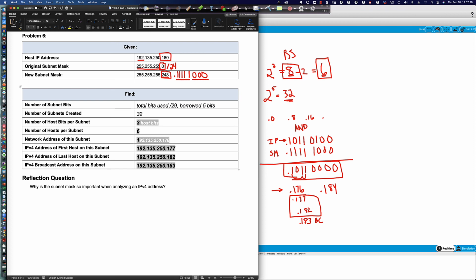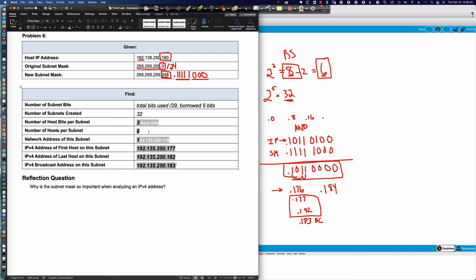192.135.250.183. Now this reflection question, why is the subnet mask so important when analyzing IPv4 addresses? And you've seen it here over and over again, right? The subnet mask is the gateway to finding out how many subnets I've created, how many subnet bits are being used, how many host bits are left over, how many hosts can I have per subnet.